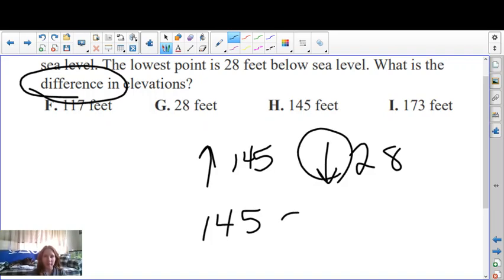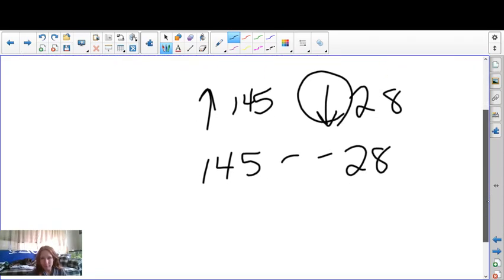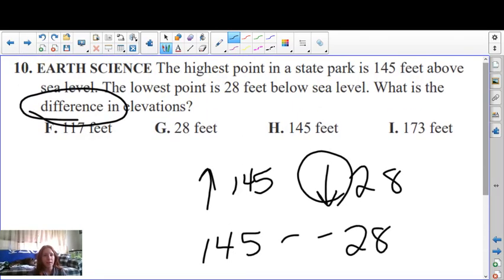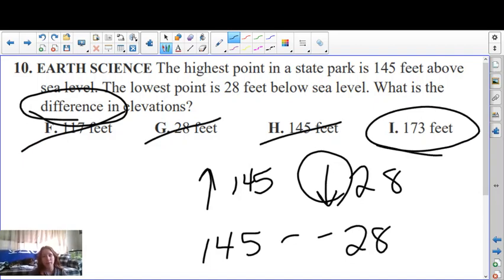But we're already downward, so we're going to be negative again. We've been working on that double negative turning positive. So my answer is actually going to be bigger than 145 and 28. So it can't be 117, can't be 28, can't be 145. Answer is 173.